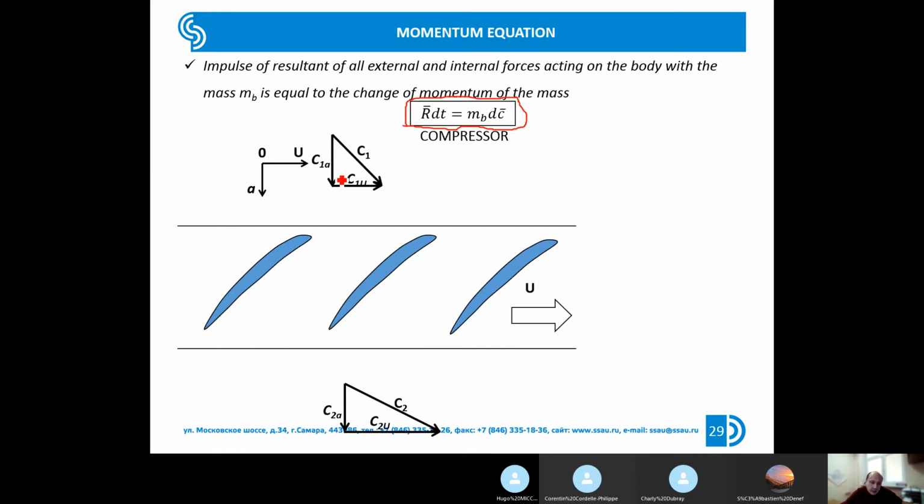And let's imagine we know all the information about the flow at the inlet of the rotor wheel: pressure, density, velocity, flow angles, everything. And the same, we know everything about the flow at the outlet of the blade row.